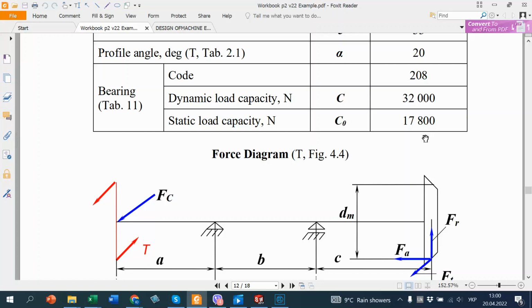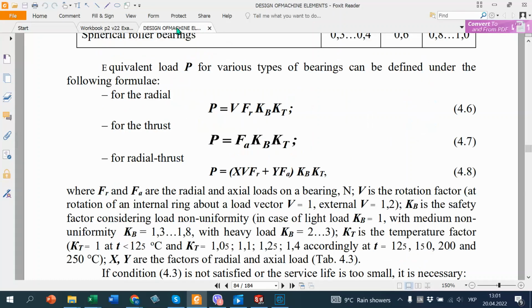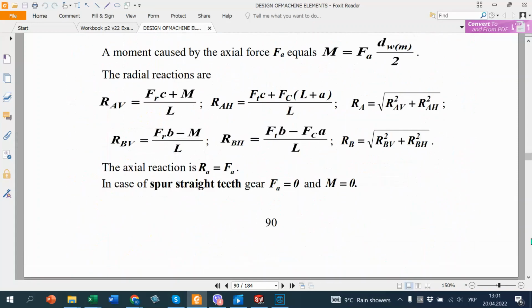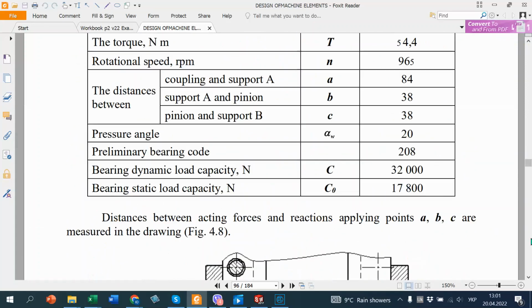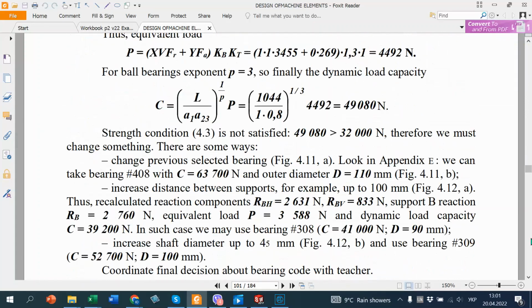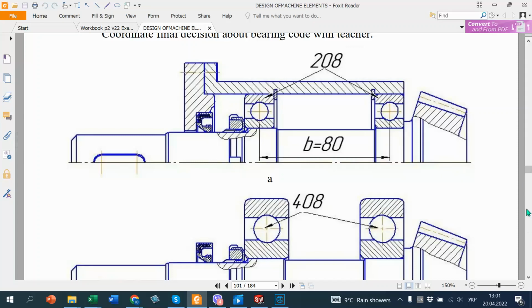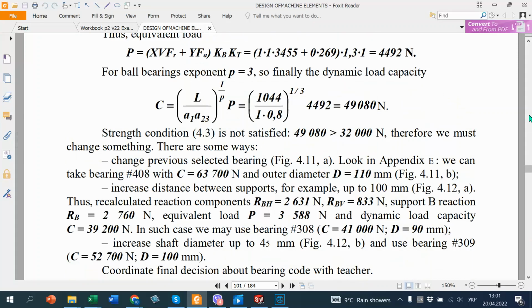Oh, what should we do in such a case? 49 is much greater than 32.